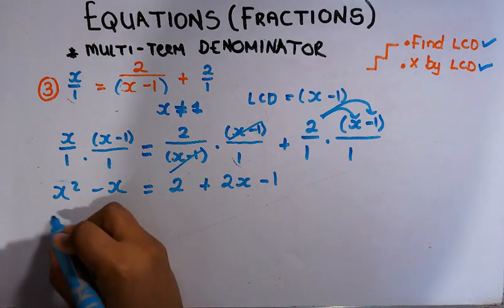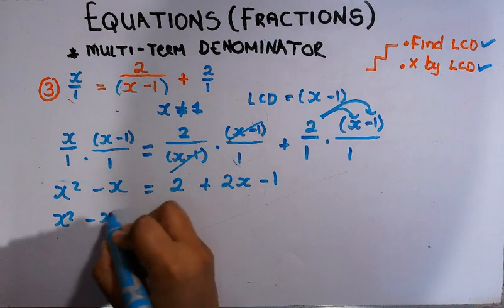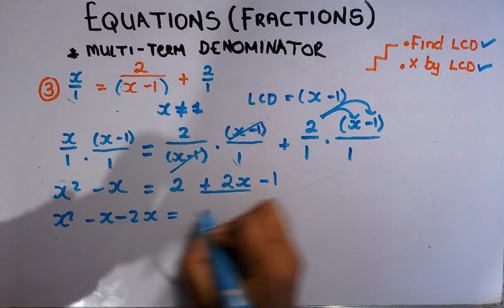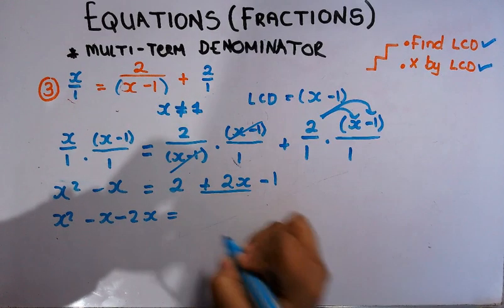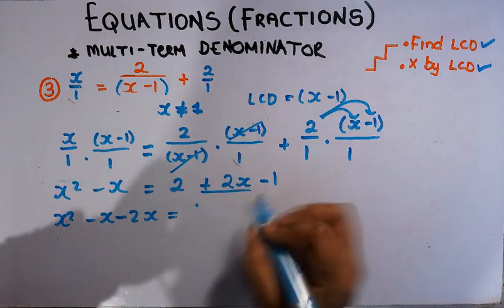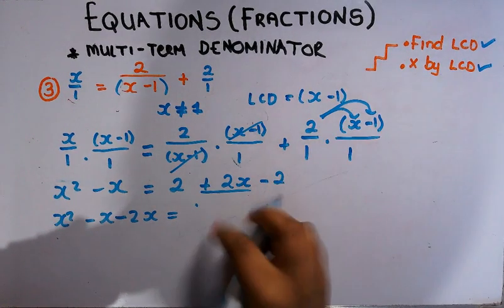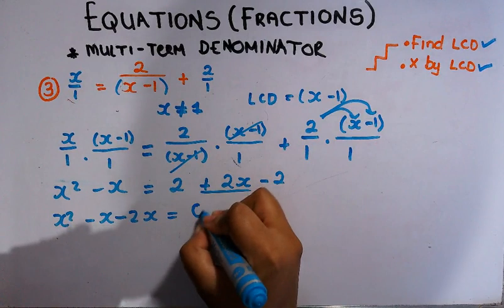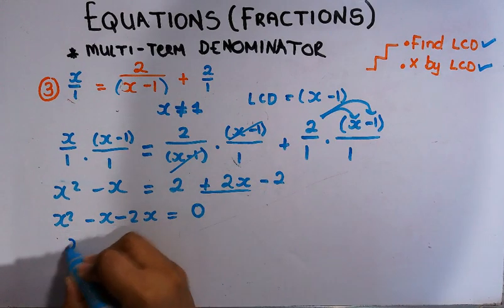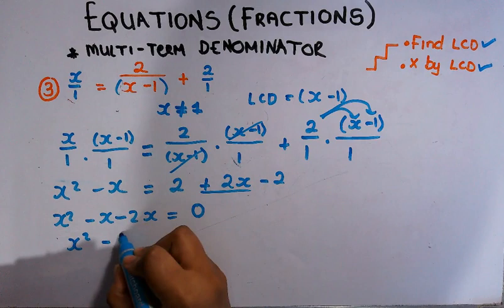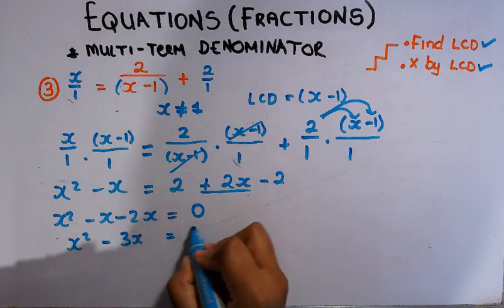Okay, so there we have this equation, and now we solve this as far as we possibly can. So we get x squared minus x, we bring that over, minus 2x is equal to 2. This here should be negative 2, so this is going to be equal to 0. Now we're left with x squared minus 3x equal to 0.